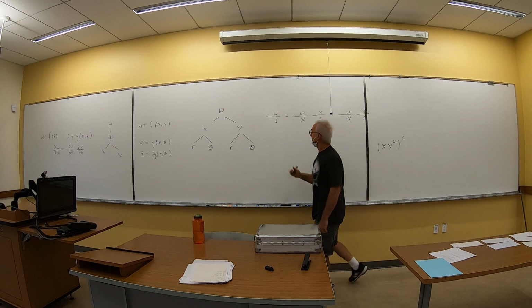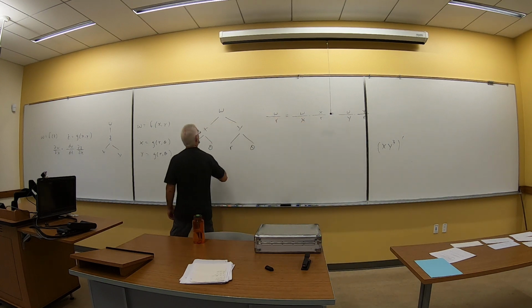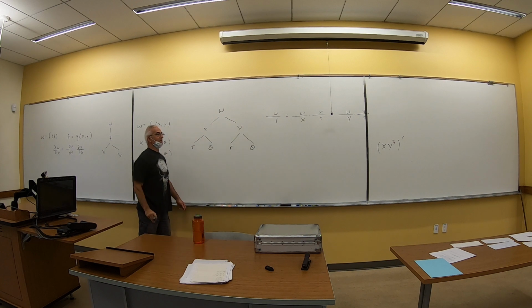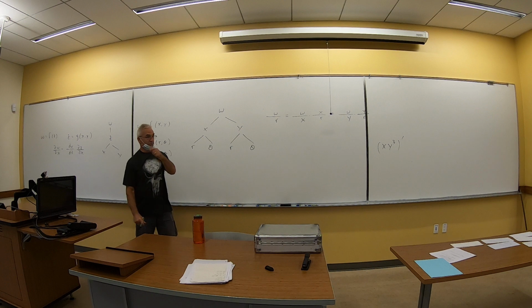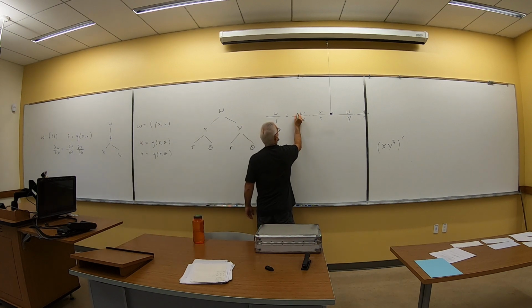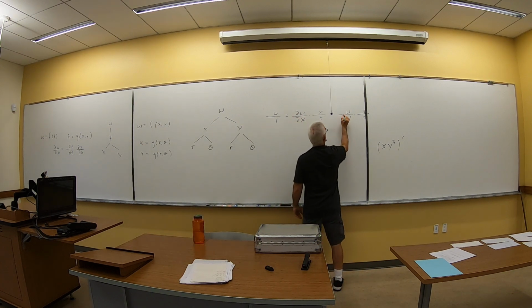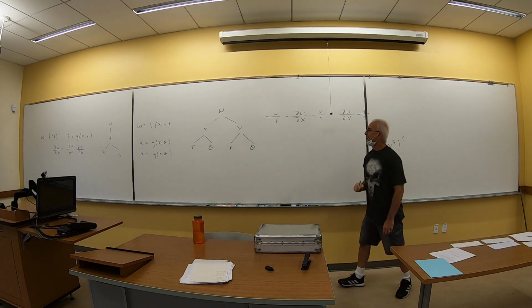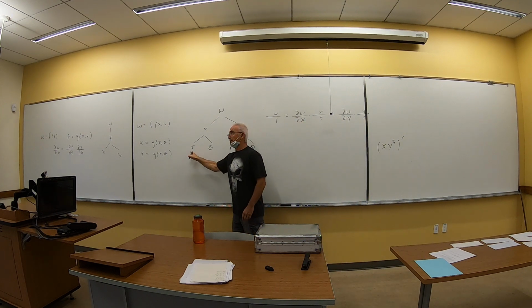So now, I'm not worried about the first one. W has 2 choices. So both derivatives of W with respect to X and with respect to Y have to be partials. X has 2 choices, R and theta.